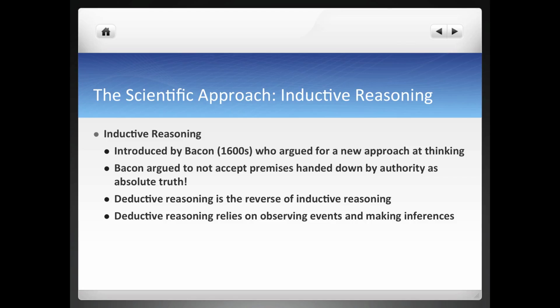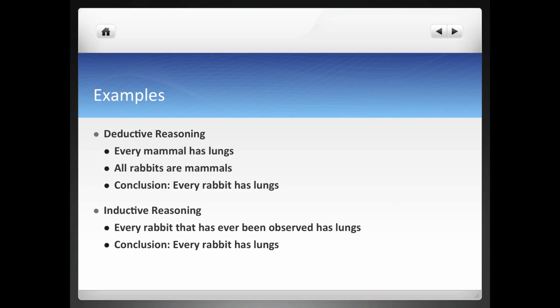So, guys, inductive reasoning takes a look at observed events and makes inferences. Now, that's almost ideally the definition of conducting a study of inferential statistics. So you should be able to make that connection now. Examples of deductive reasoning. Every mammal has lungs.